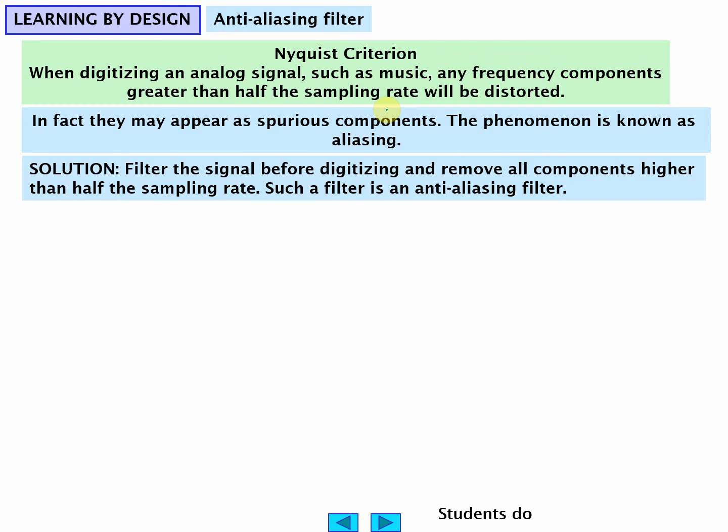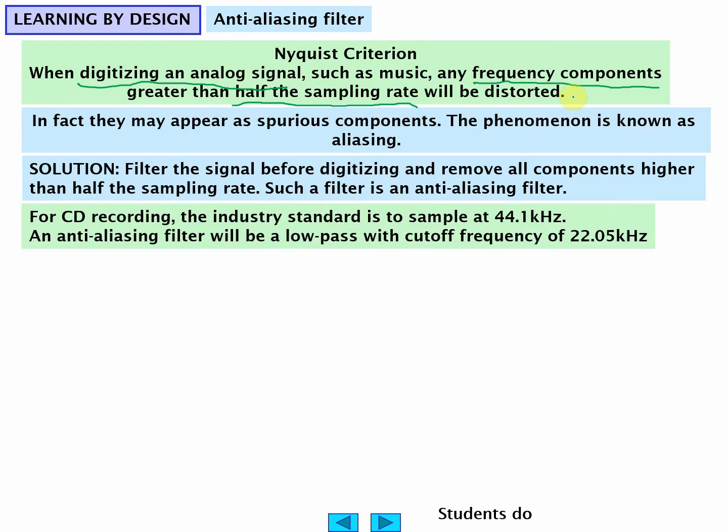Anti-aliasing filter. When CDs are digital, but they output analog signals, you're digitizing an analog signal is what you're doing. And so any frequency components greater than half the sampling rate will be distorted. Ideally, it can be worse than that actually.